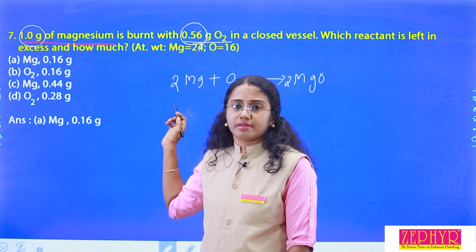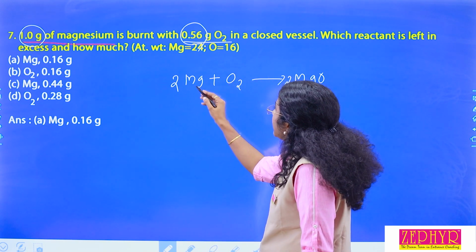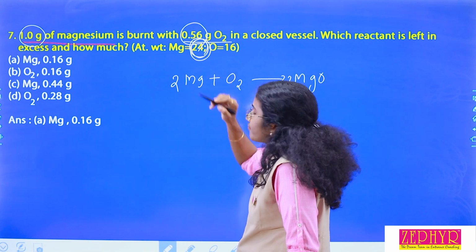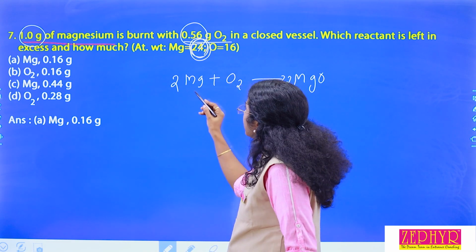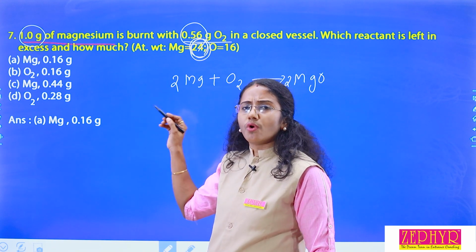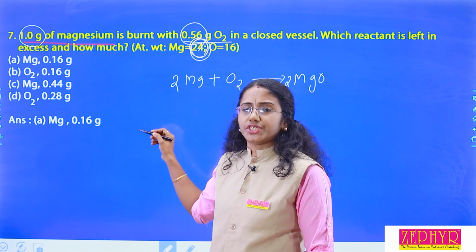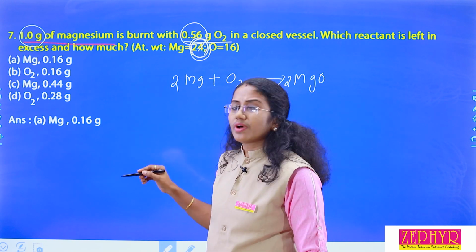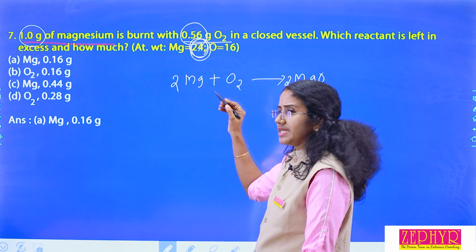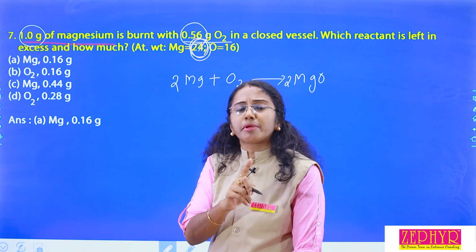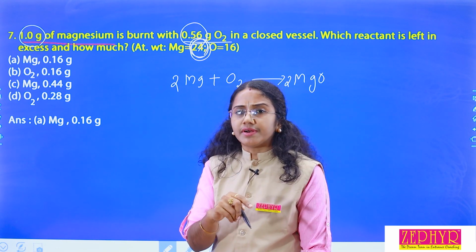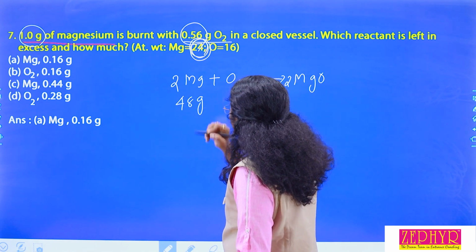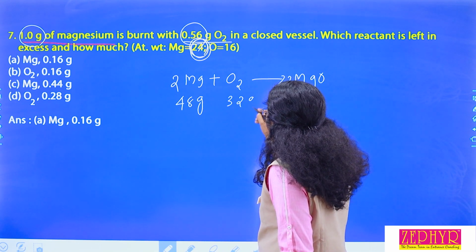In this equation, for 2 Mg, 24 is the atomic mass of magnesium. Here 2 mole is given, right? So 2 into 24, that is 48 gram. Oxygen is 32 gram.